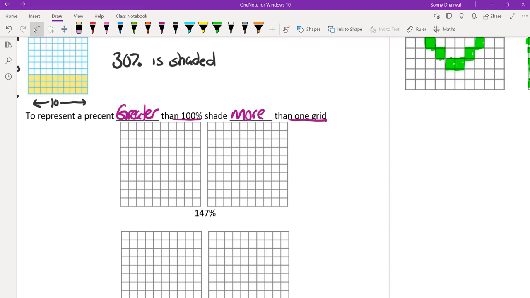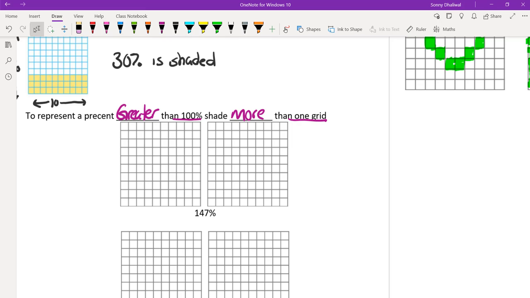So if we had 147 percentage we want to represent, we'd shade in 100 of them, so all in one, and 47 in the other. Yes, Henry? Could you also just put more boxes in the first grid? What do you mean? Like instead of making 2, just make more boxes in the first grid? No, you can't make them smaller.